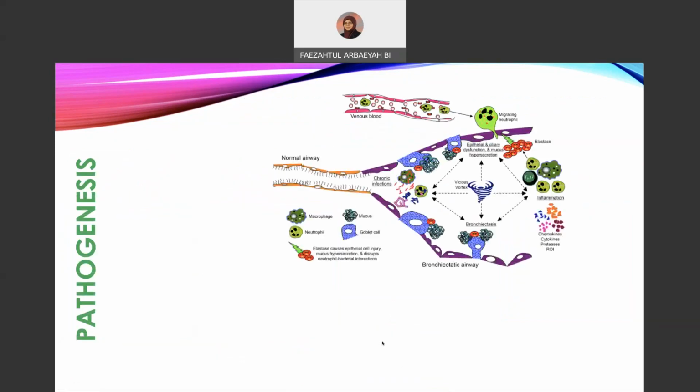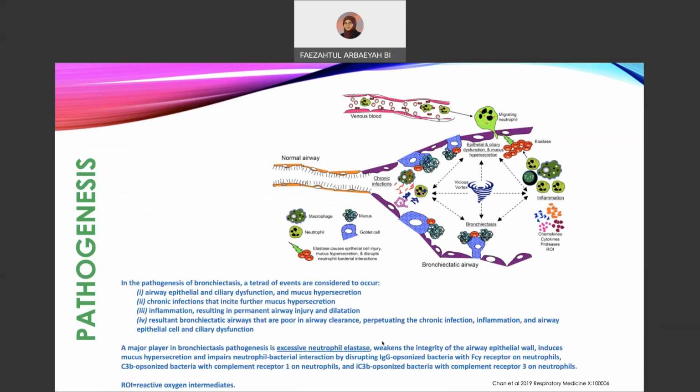So the pathogenesis, this is from an article that I picked up from Respiratory Medicine, written by Chan et al. The pathogenesis of bronchiectasis is actually a vicious cycle. The cycle goes round and round.